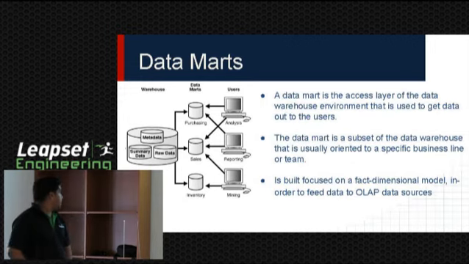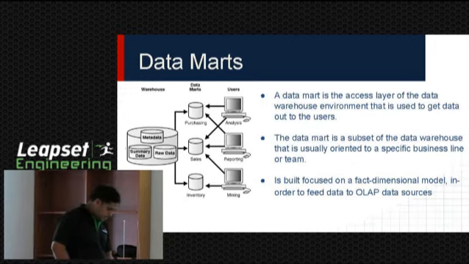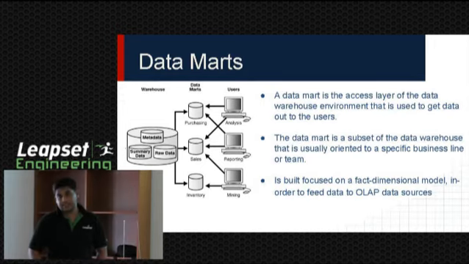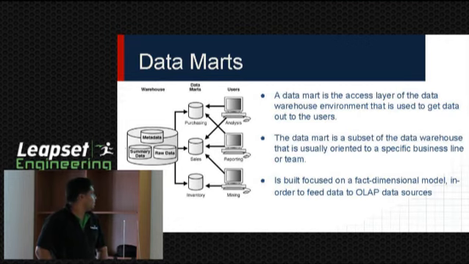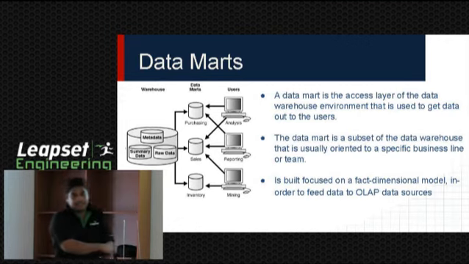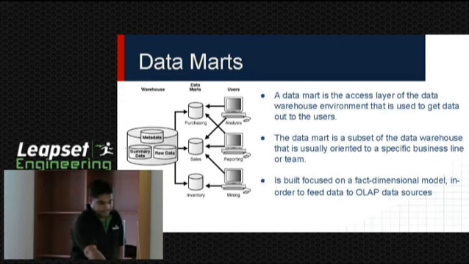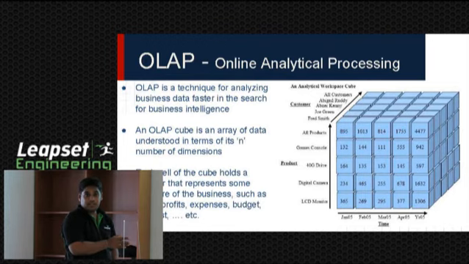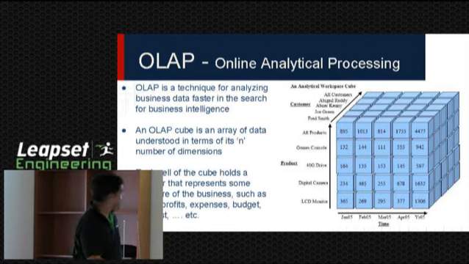Data mart, by standard, follows the facts and dimensions design model. I don't want to describe it in detail here. We will see it next, right? From the business intelligence point of view, data marts are the data source for the OLAP activities. OLAP means online analytical processing, right?